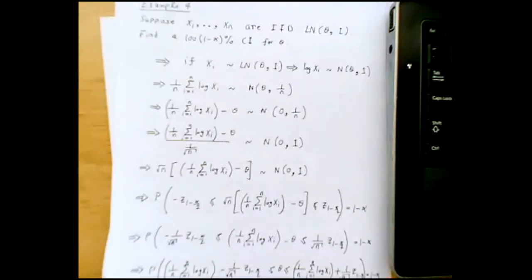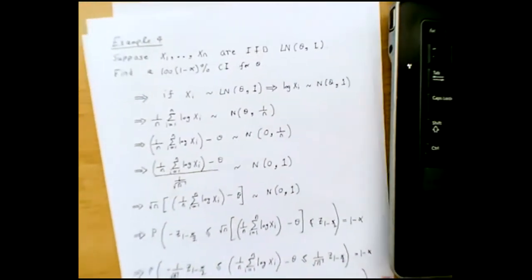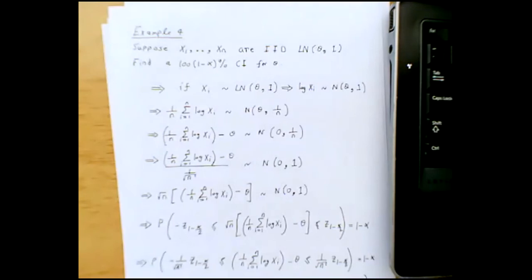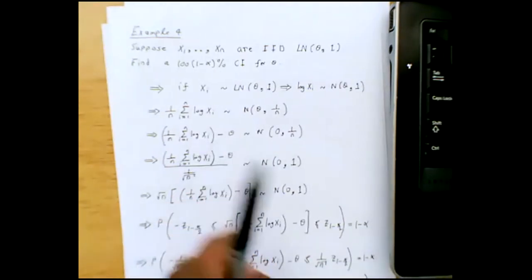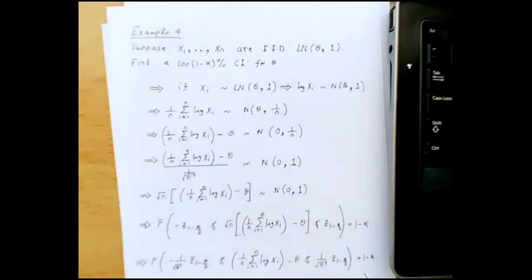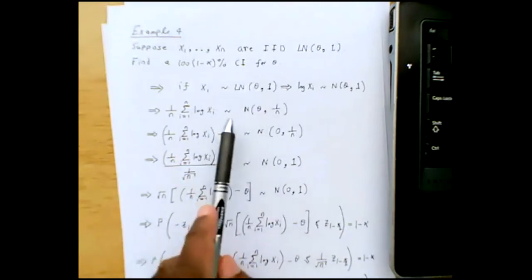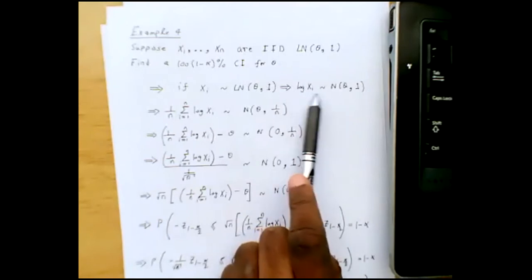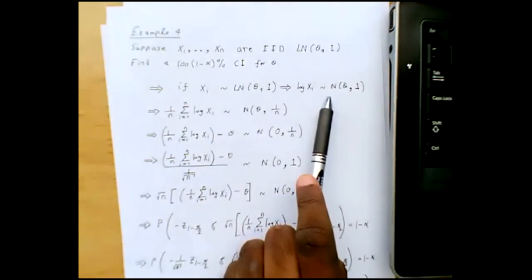Example 4 is this one. You have IID log normal with parameters theta and 1, and the question is to find the confidence interval for theta. So I start with this fact: if xi is log normal, then the log of xi is this. I mentioned this last week.